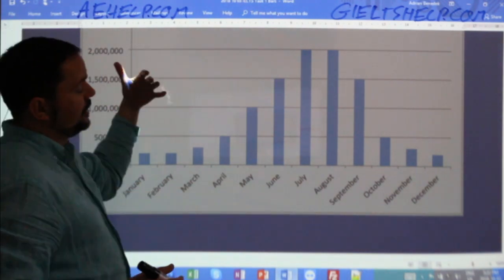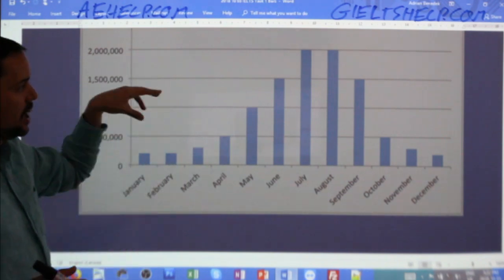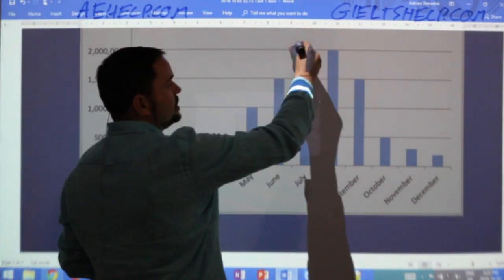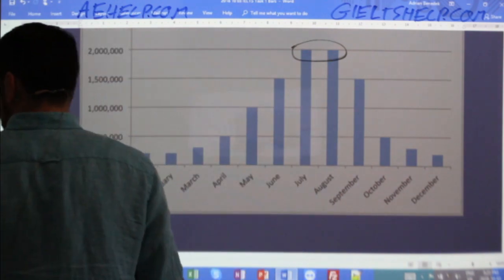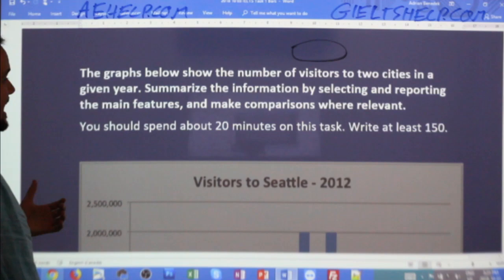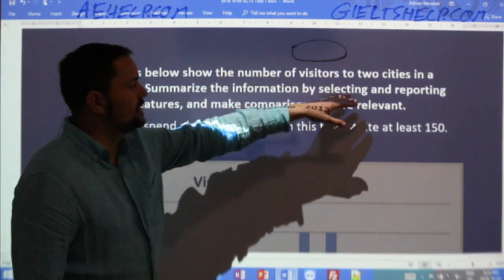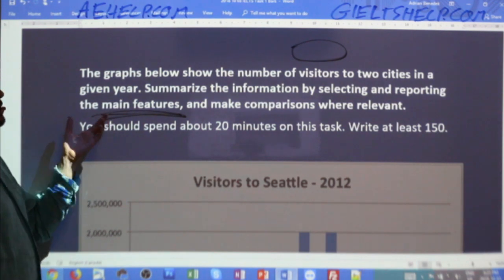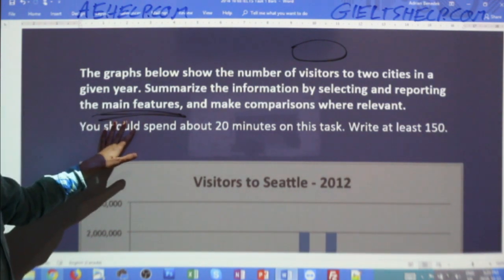So very importantly, you indicate your points of comparison. Okay, so starting with the highest is a good idea. Again, remember the questions for task 1 pretty much always ask, summarize the information by selecting and reporting the main features. Okay, so don't get lost in details.